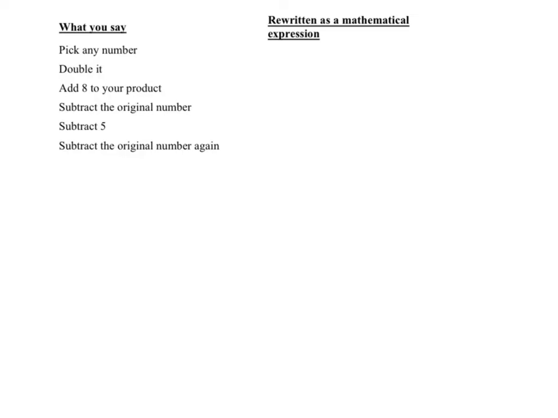So, for example, if it says pick any number, and I know we used n before, but just for fun, let's use x. So pick any number, we will pick x. We're going to double it, and to double it, you can either add it to itself or multiply by 2.